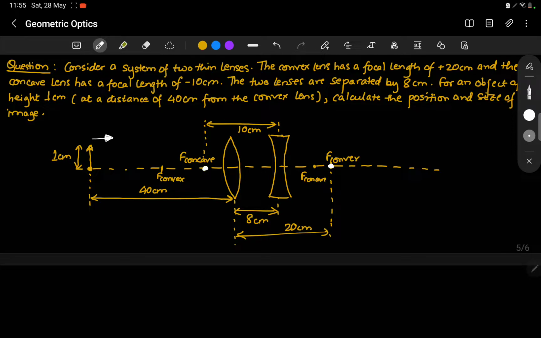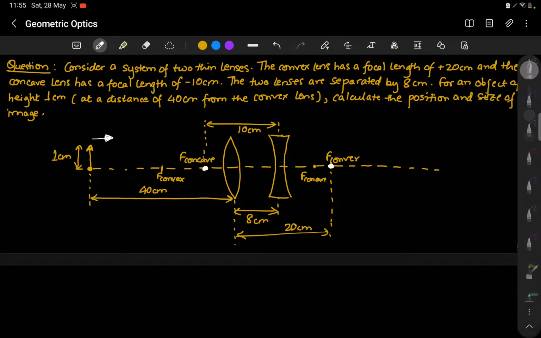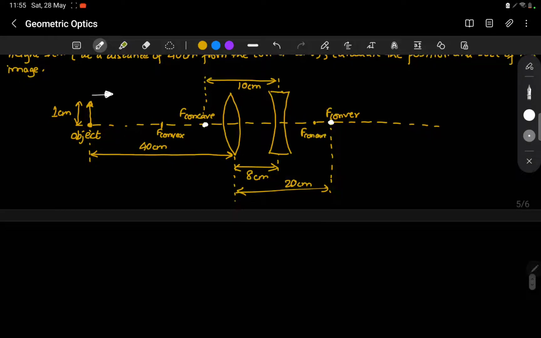We need to find out the image and the size of the image for the object which is placed over here. So let us start solving the question. In the question we have two lenses, first the convex lens and second the concave lens.